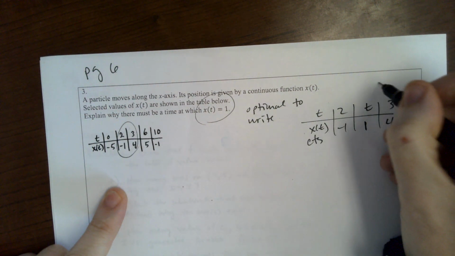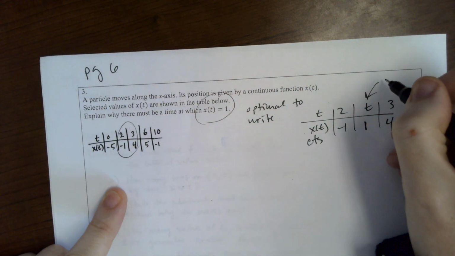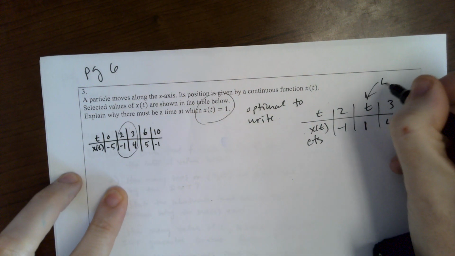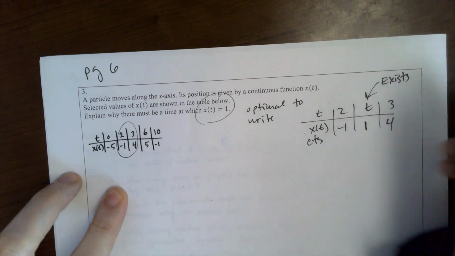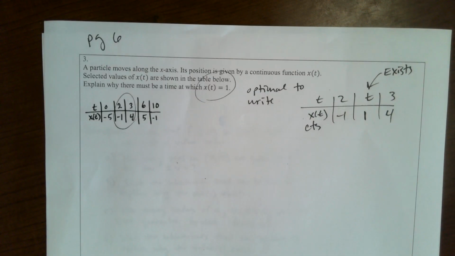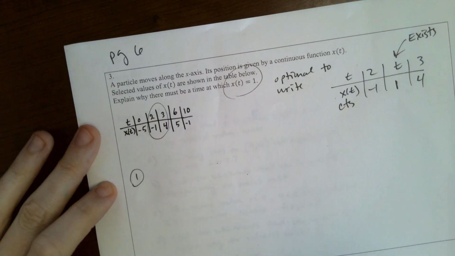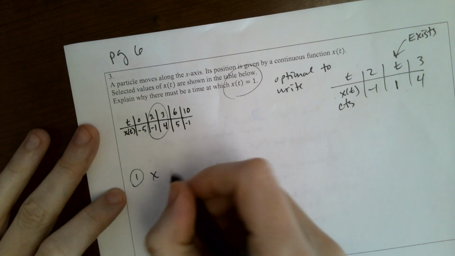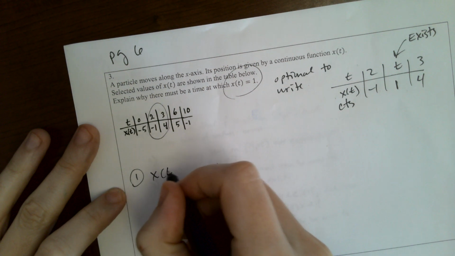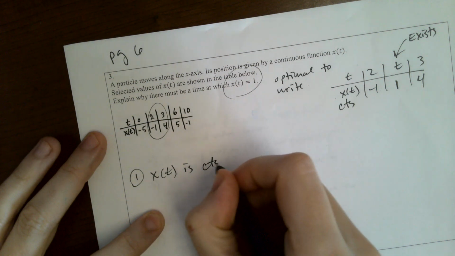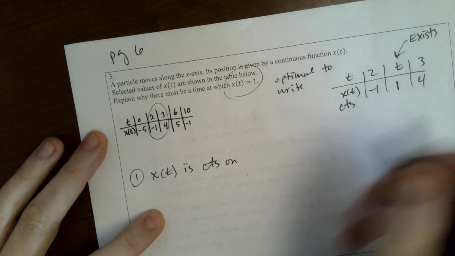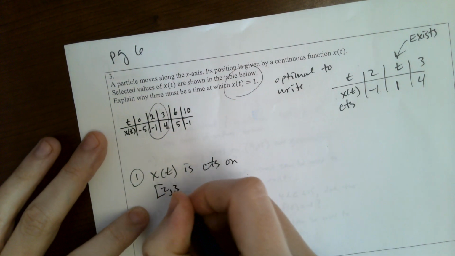All right, so the IVT says that there exists a t, and let's say y is 1. So x of t is continuous on 2 to 3.